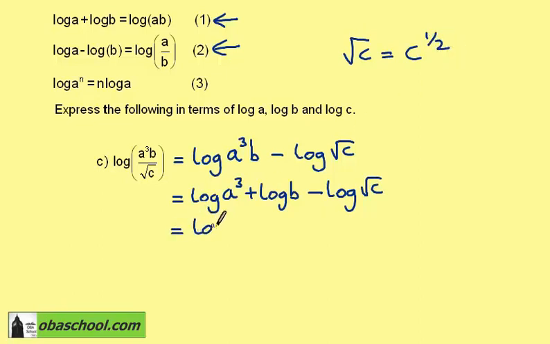So we have log A cubed plus log B take away log C to the power 1/2.